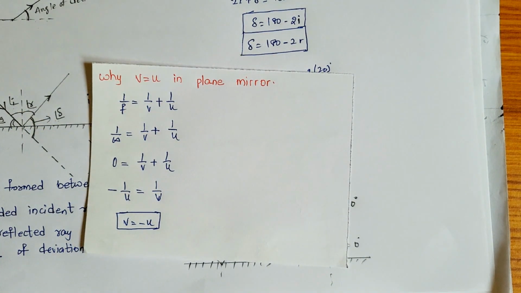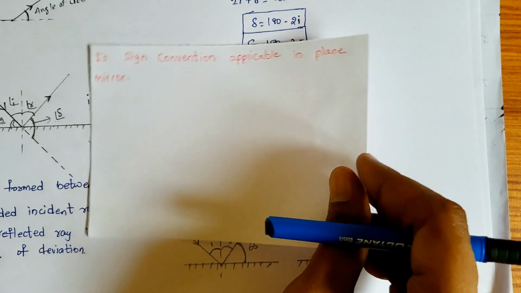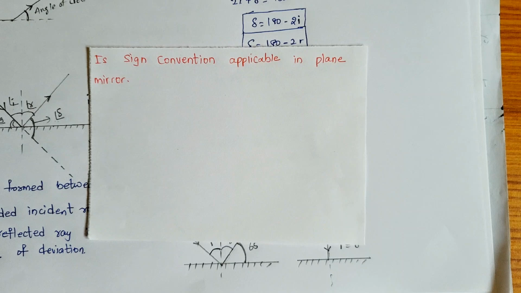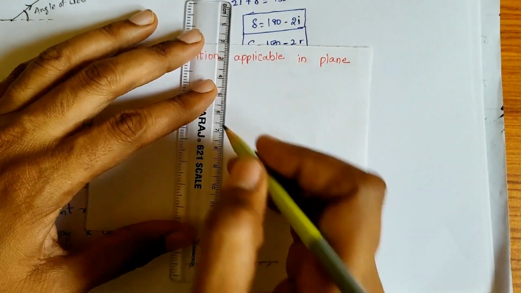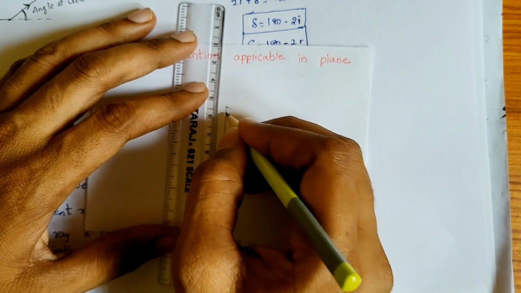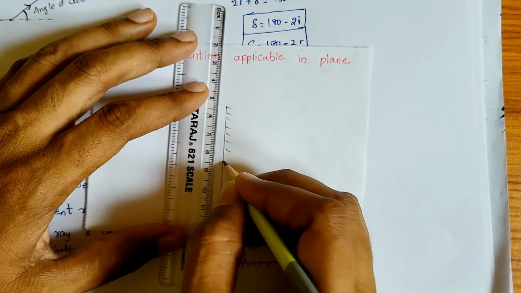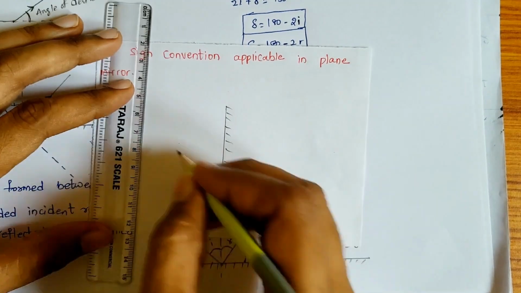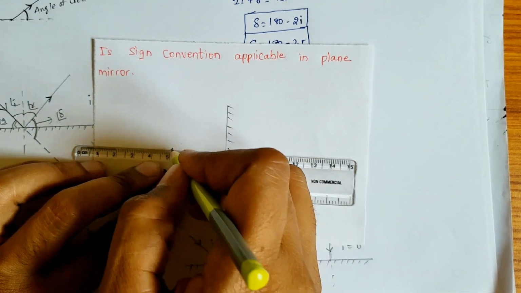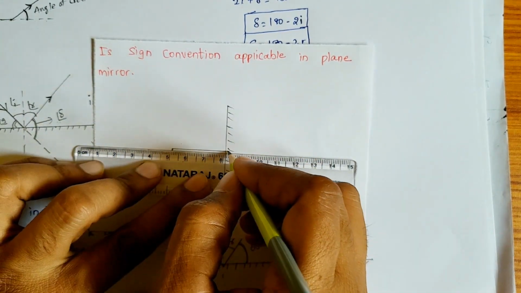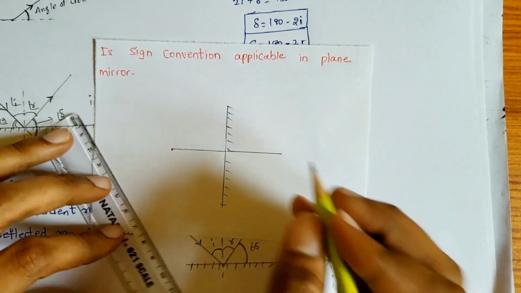Okay. So next, is sign convention applicable on a plane mirror? Yes, sign convention is applicable on a plane mirror also. If you have a plane mirror like this, and you have an object here, this one will be the object distance, correct? And somewhere here the image will be formed, correct?